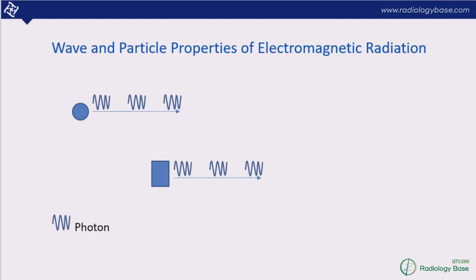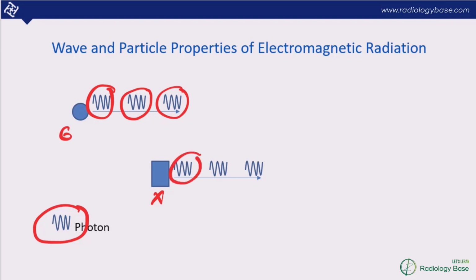Now if there is a beam of EM radiation coming from, say, gamma rays or X-rays, it is basically a stream of photons of different or the same energies, depending on their source.